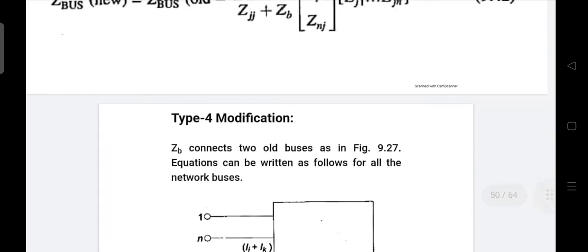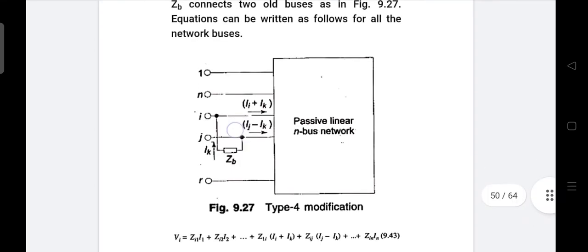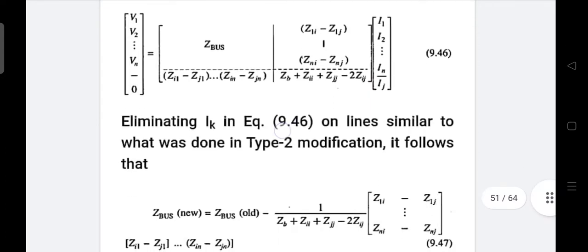Type 4 modification is adding an impedance between two old buses, I and J. Both these buses' currents will be affected, so it will give us the new matrix like this. The row and column of the new value will be the difference between the J and I column and row, and the diagonal value will be ZB plus ZII plus ZJJ minus 2 ZIJ.